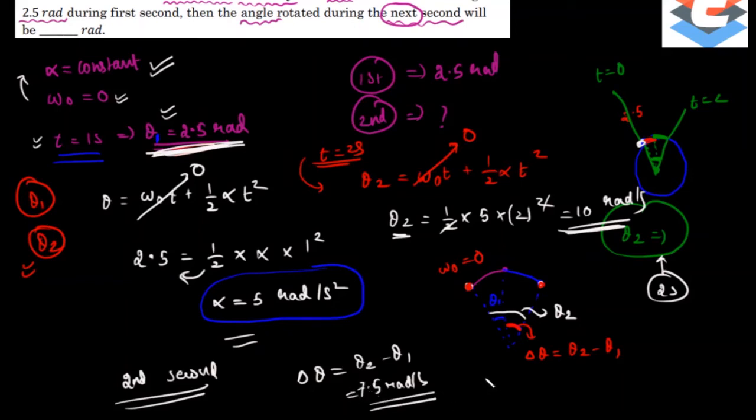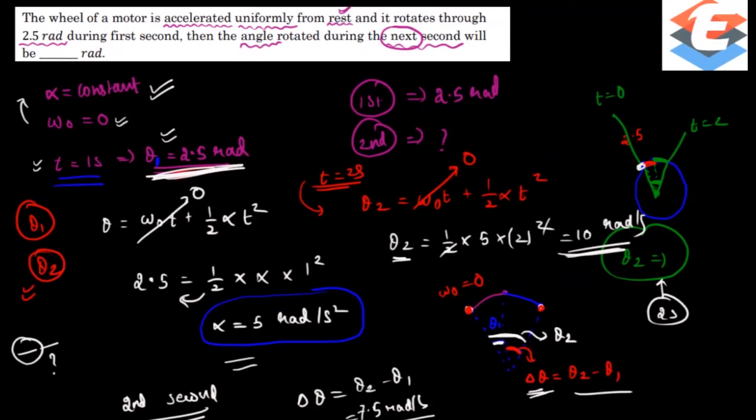Theta 1 is nothing but how much angle it has turned during 1 second. Theta 2 is nothing but how much it has turned during 2 seconds. Delta theta is nothing but the angle turned during the second second, which can be given by theta 2 minus theta 1, which is 10 minus 2.5, which is 7.5.